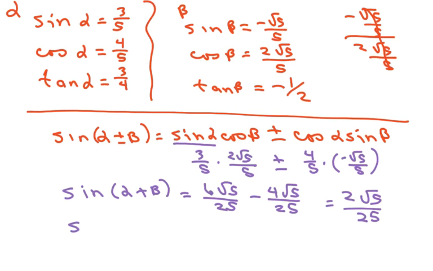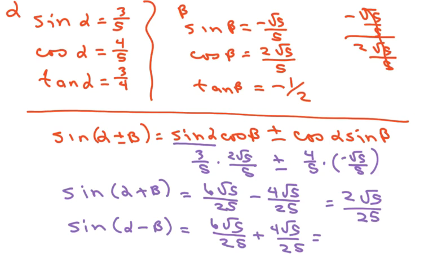Now for the sine of alpha minus beta, we just change this to a positive. And that gives us 10 square root of 5 over 25, which reduces to 2 square root of 5 over 5. Whoops, sorry.